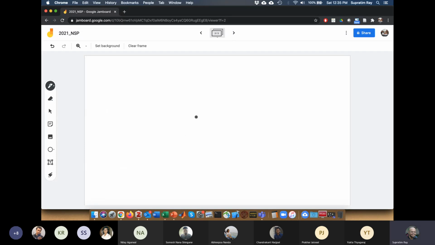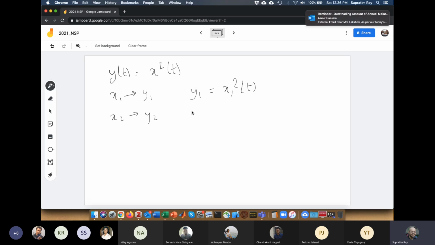Likewise, it's easy to see that if I've got a squaring operation, so if x1 produces output y1, then y1 is x1 squared of t, and I've got another input x2, then y2 is x2 squared of t.